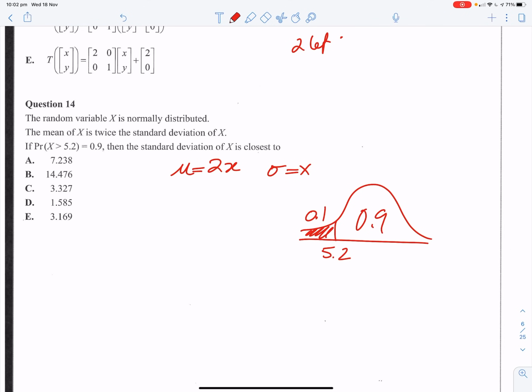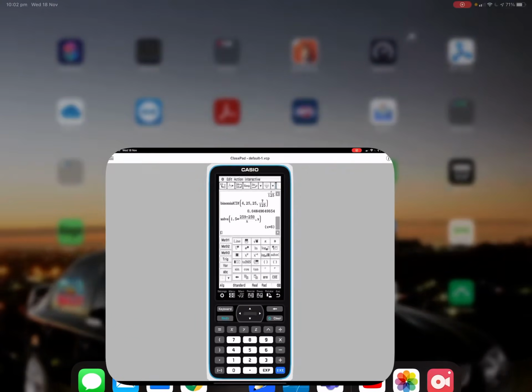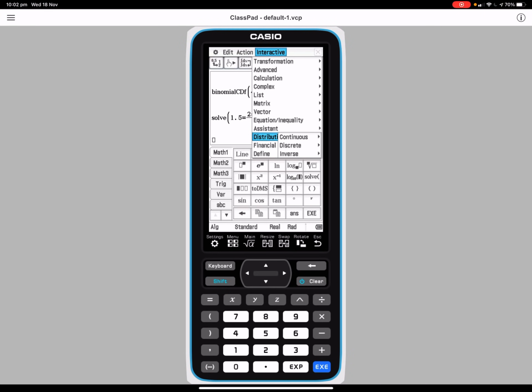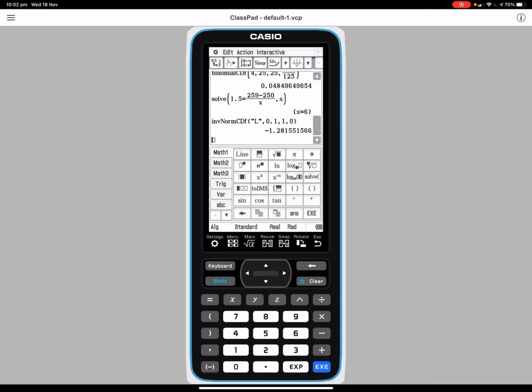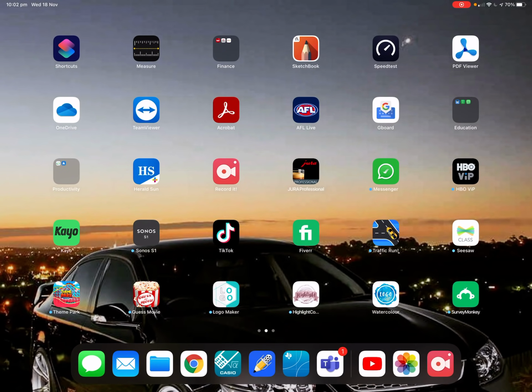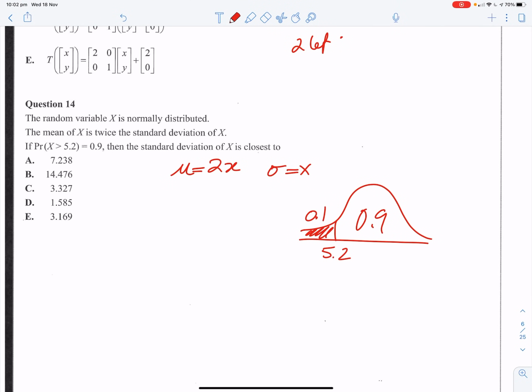So we can say, let's find that z value for 0.1. Negative 1.281551. And we know that's equal to x, which is 5.2 minus mu, on sigma.